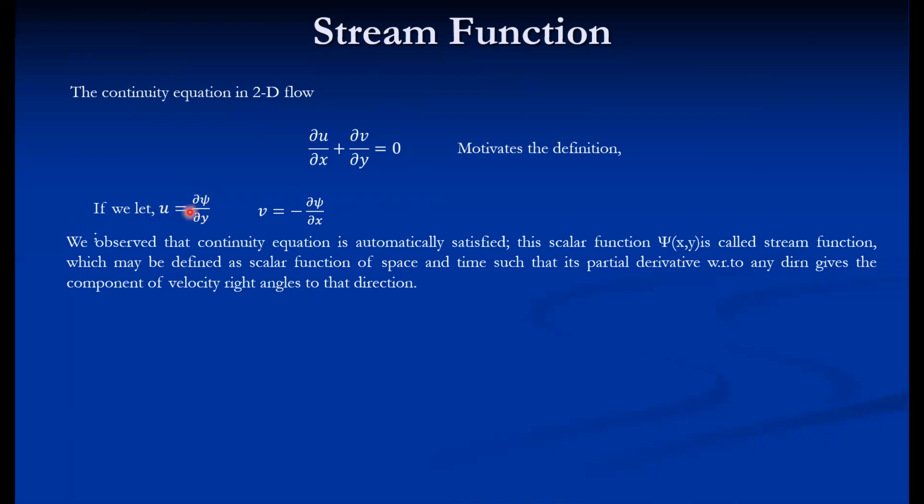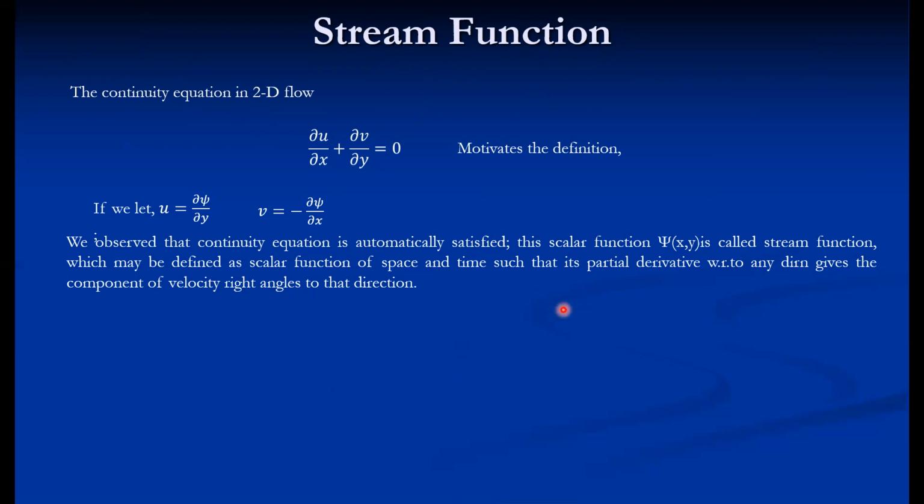Because if we differentiate psi with respect to y, it gives the right angle direction velocity, that is u. And if we differentiate psi with respect to x, it gives a right angle velocity component, that is v. Suppose we differentiate along the vertical y direction, the right angle velocity component is u.